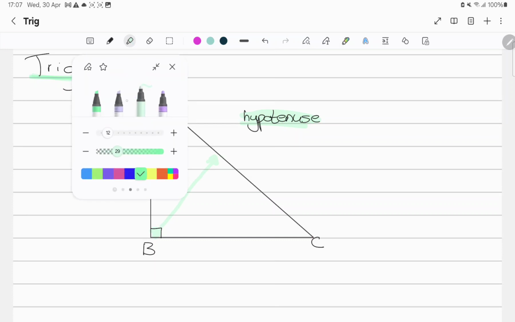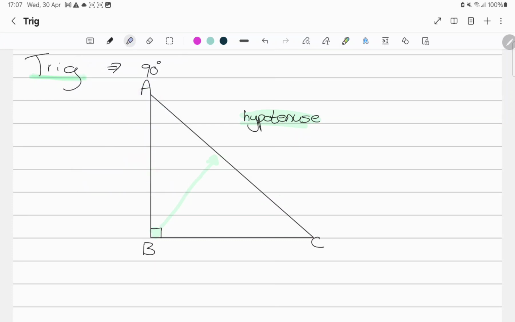Now we're going to focus on one angle specifically. Let's say we're focusing on angle A for now. In terms of angle A, if I take my pen and draw a line to the opposite side of my triangle, I end up at line BC, which tells me that BC is known as my opposite side. Your opposite side is the side opposite to your angle.